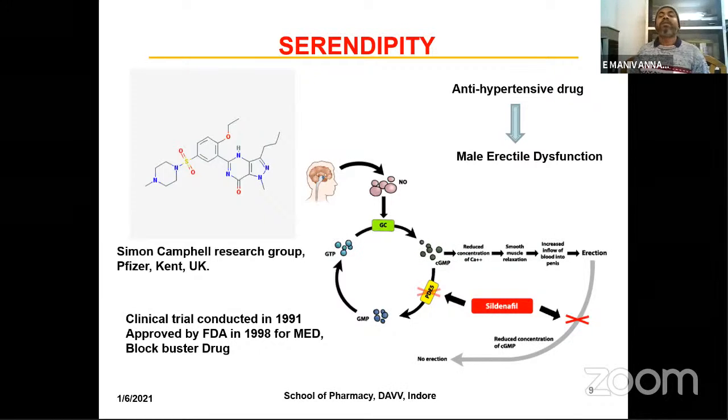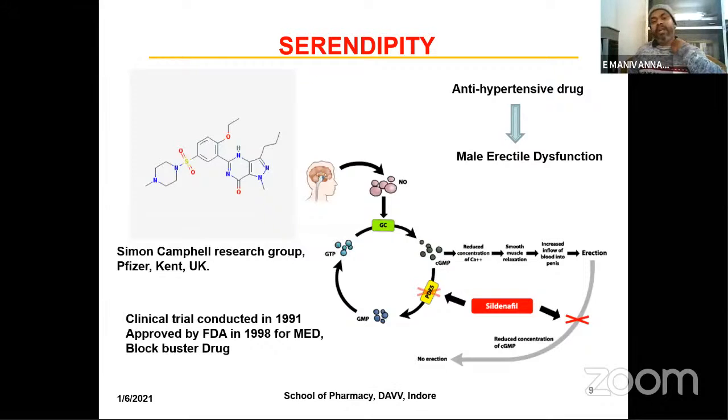For male erectile dysfunction, no treatment option was available at that time, before 1998, 2000. So this is something curious. The Simon Campbell research group at Pfizer then carried out a clinical trial for this purpose, and they had huge success with this.